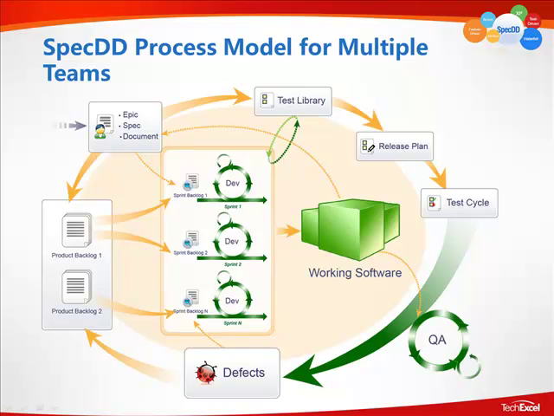However, even though you have many teams, the deliverable that they produce is just one working software. Now, this working software needs to have all of the features and functions and defect fixes that came from the multiple product backlogs.